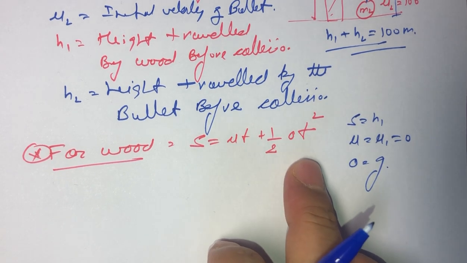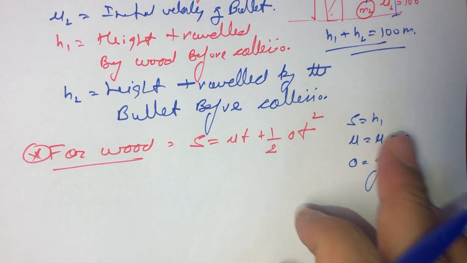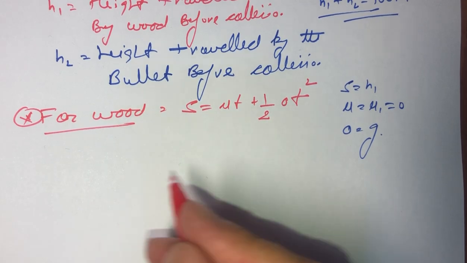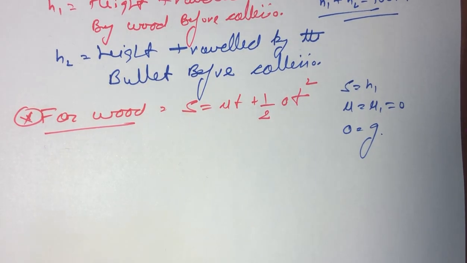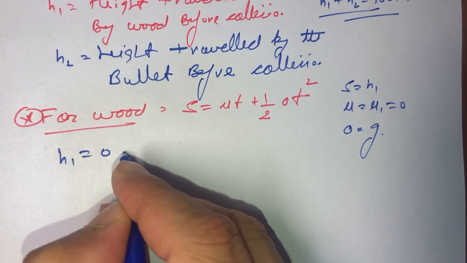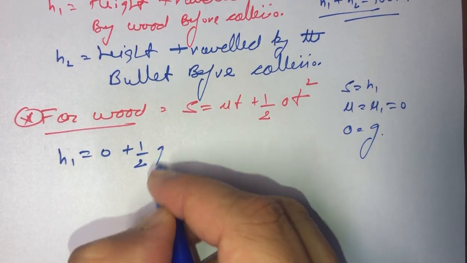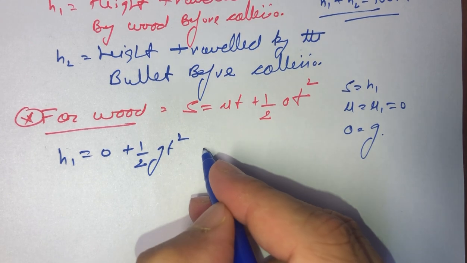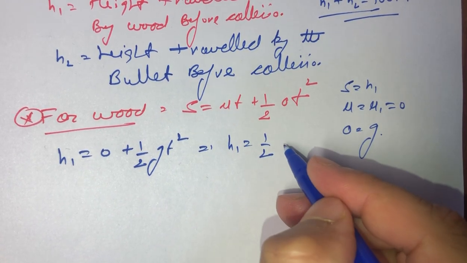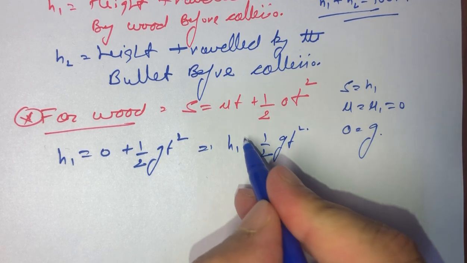And t is the time during which the distance h1 is traveled. Therefore, h1 is equal to 0 plus half gt square, or h1 is equal to 1 by 2 gt square.